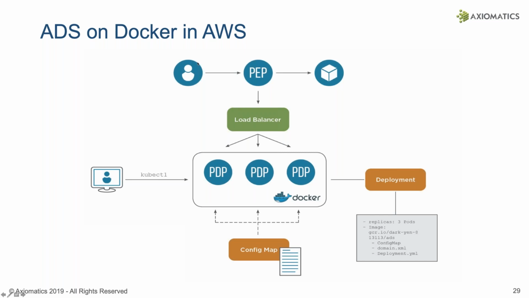The caller is going to be Postman, and the backend data here is the REST JSON service that holds some sample record data. And then we have the PDP running inside of Docker on ADS that holds a policy, and we'll look at the sample policy next, in memory, and it also has attribute connectors that are loaded there.